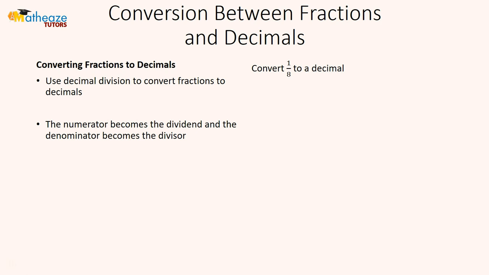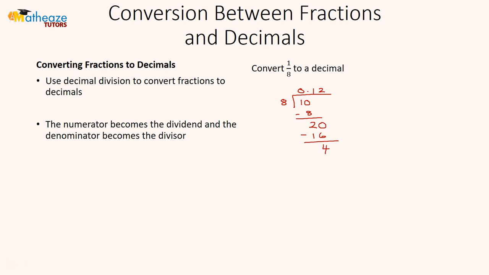1 over 8. So we have 1 right here and then we have 8. So put a 0 point because the number here is less than 8. So we introduce a 0. 10 divided by 8, 1. 1 times 8, 8. We subtract here, we have 2. Introduce another 0. 20 divided by 8, that's 2. 2 times 8, 16.